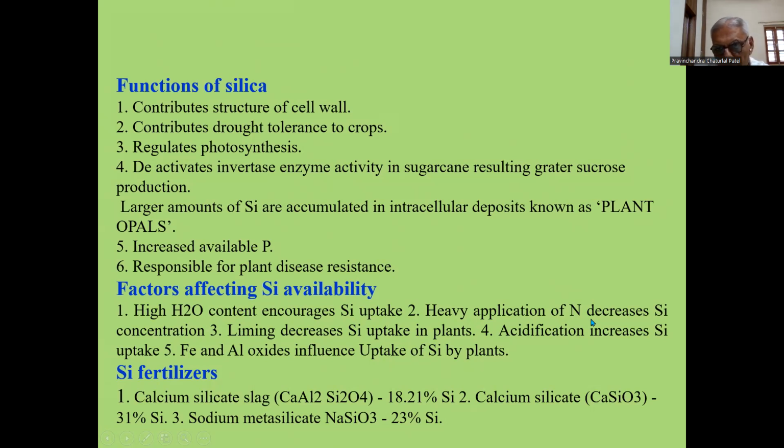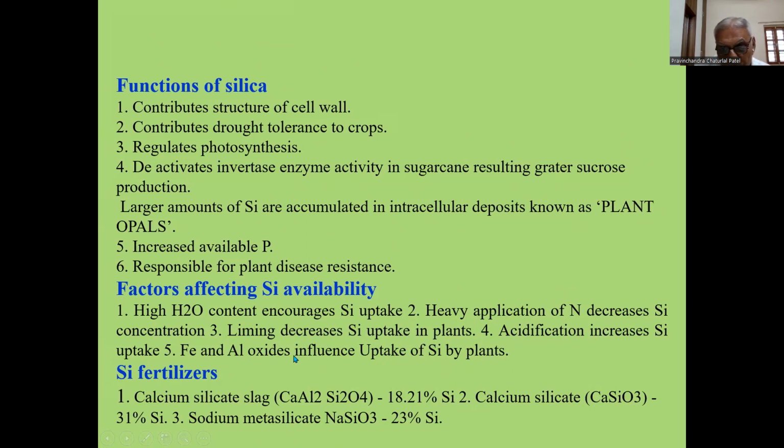Heavy application of nitrogen decreases silicon concentration in the plant. Liming decreases silicon uptake in plants, as we have seen. Then acidification increases silica uptake, so in acid soil there is more uptake of silica. Iron and aluminum oxides influence uptake of silica by plants.